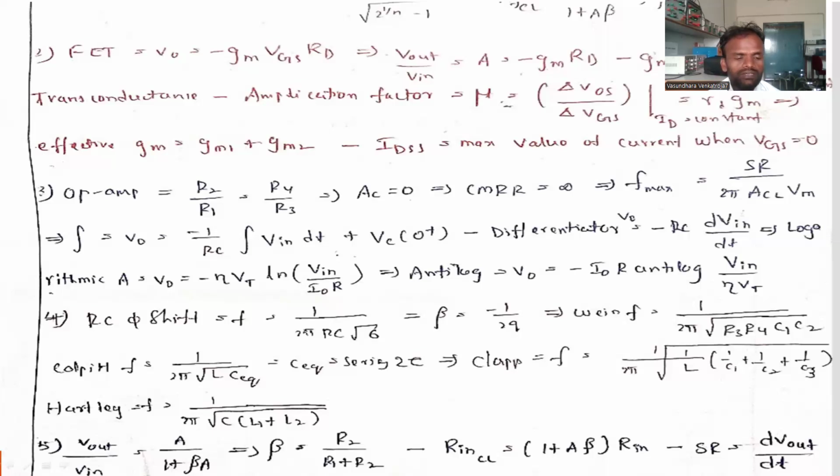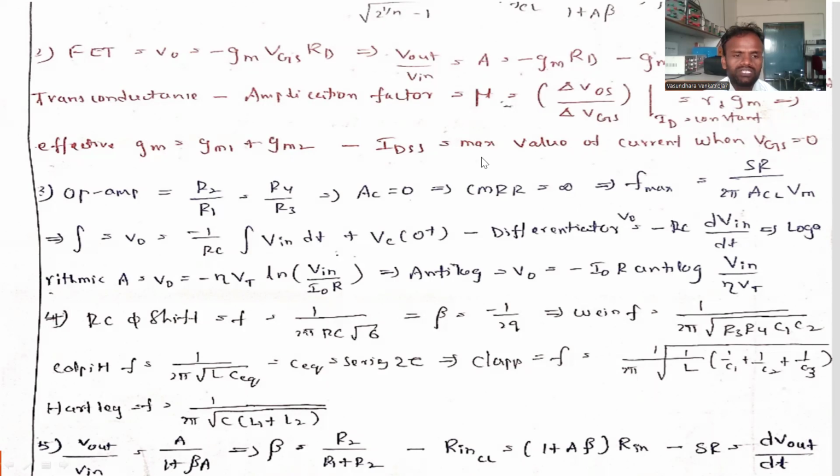Logarithmic amplifier: A equal to V naught minus eta Vt ln V in by I naught R. Next, anti-log: V naught equal to minus I naught R anti-log V in by eta Vt.